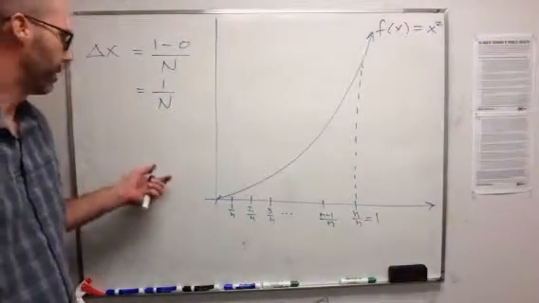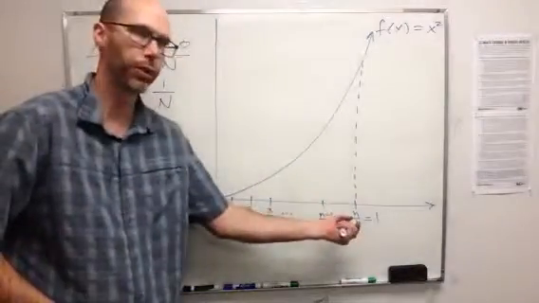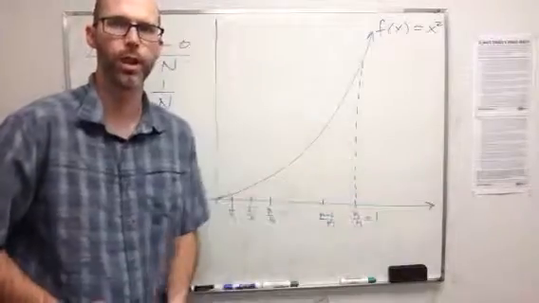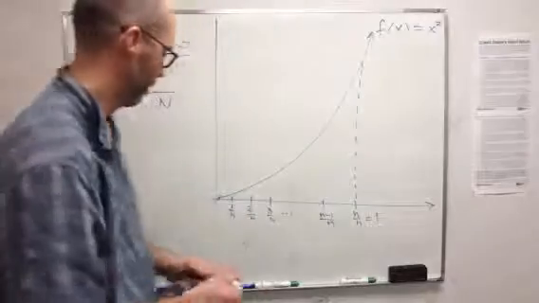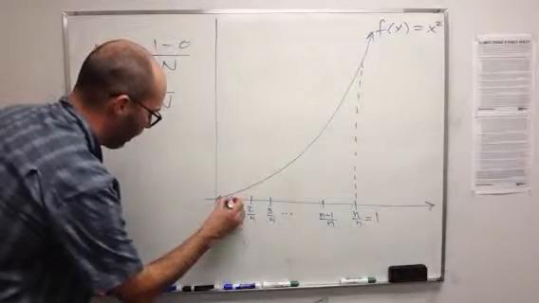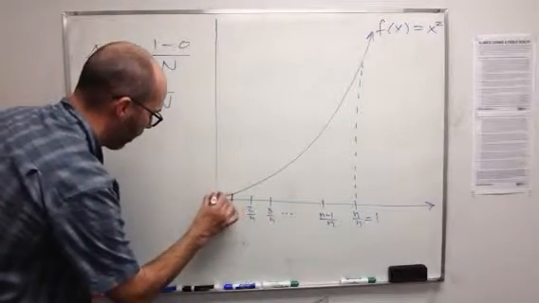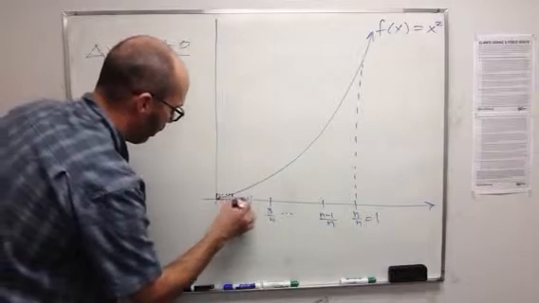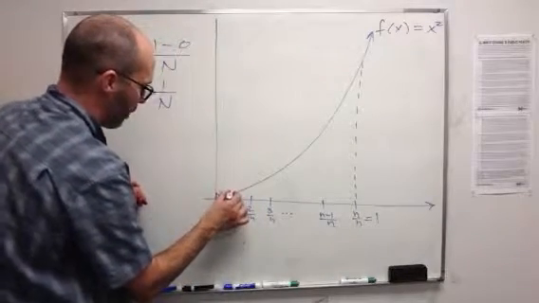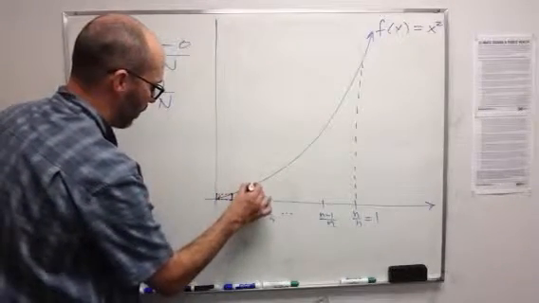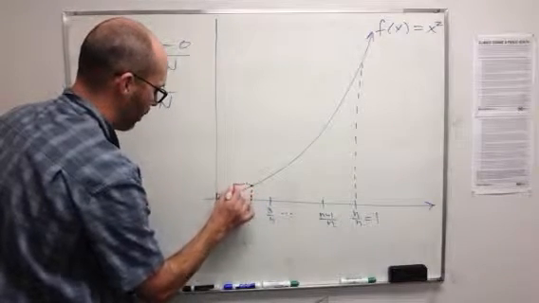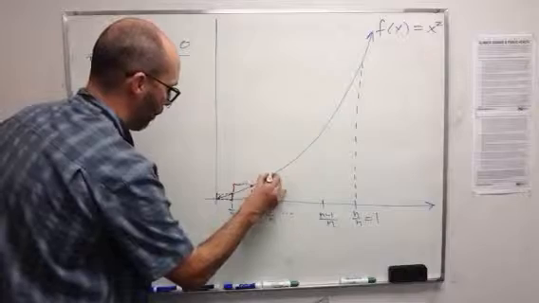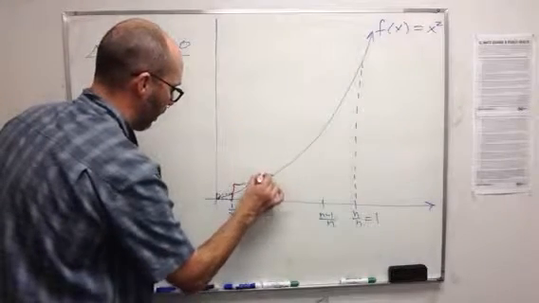Alright, so now remember that Rn uses rectangles whose height is f of the rightmost endpoint. Okay, so f of 1 over n goes there, f of 2 over n goes there, so that's the height of our rectangle. f of 3 over n goes there.